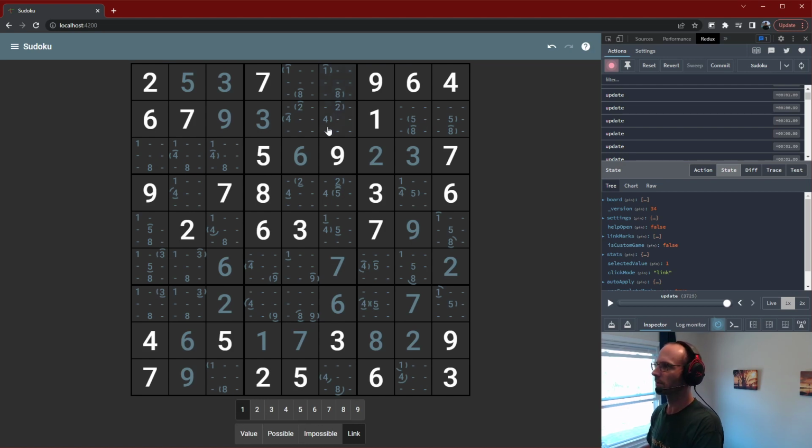Now we can start from this 4 because there's only 2 cells, but this one is missing that strong link vertically. So if that's not a 4, then this is a 4, 2, not a 2, 2, no, that's obvious.